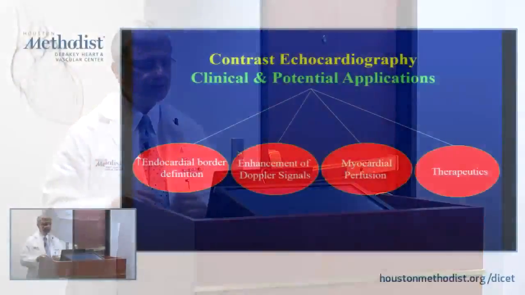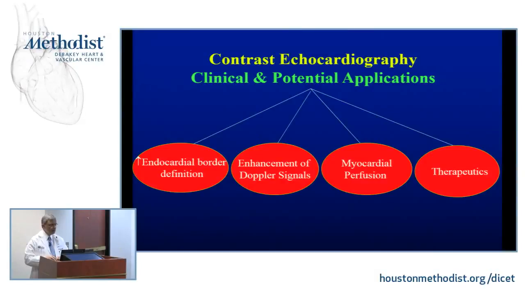All right. So that's the basics, and what we're going to talk about now is some applications. What contrast is approved for is endocardial border definition, and we talked about that. If you go to any package insert, all three of them will have that. We use it within that context, again off-label, for stress echocardiography.